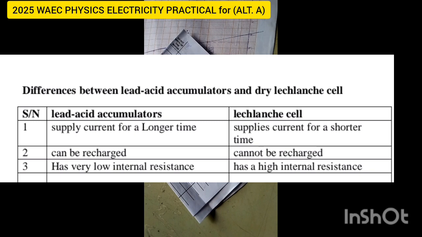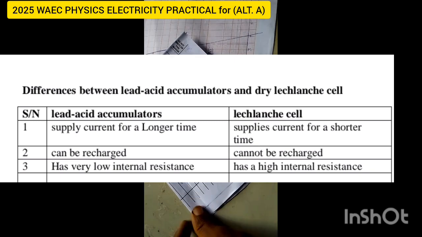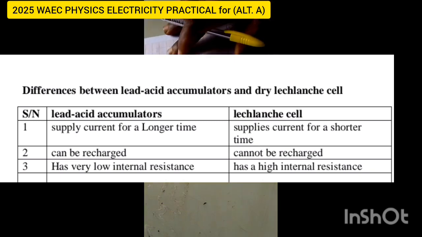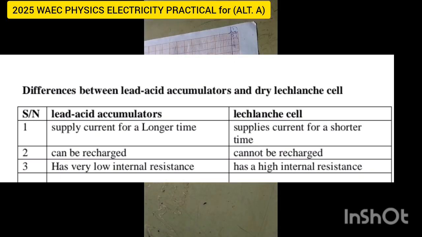So this question is simply, what is the difference between a primary cell and a secondary cell? That is what you are asked to state here. Now, in this case, all you need to do is to either use a table or use while to connect. Just say what this one is while this is what the other one is. Or you can use a table.